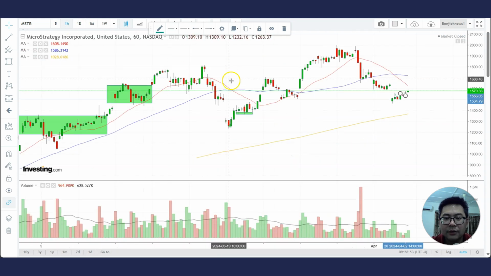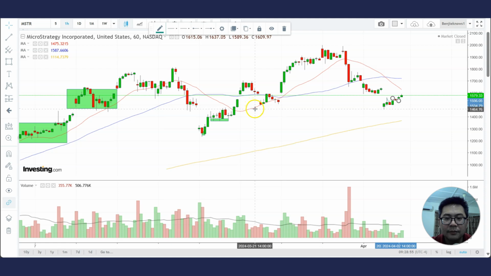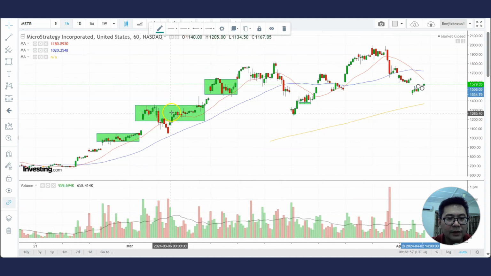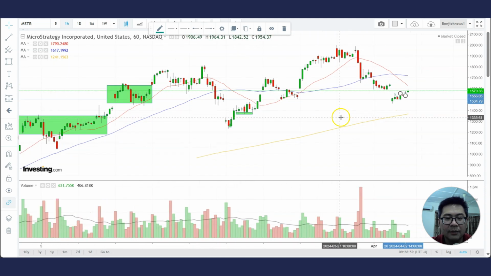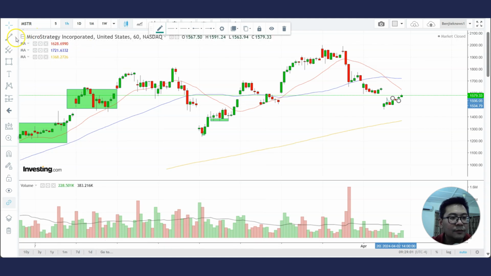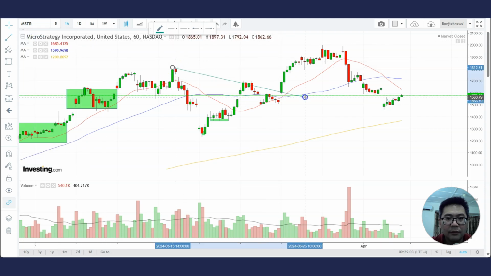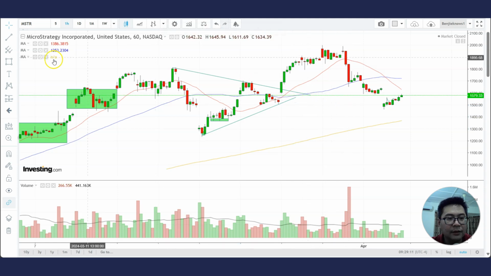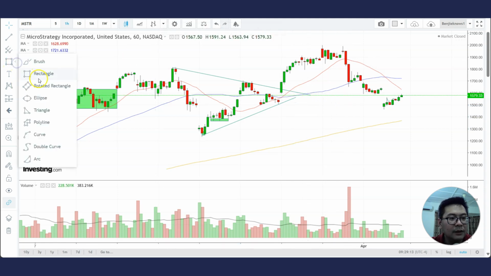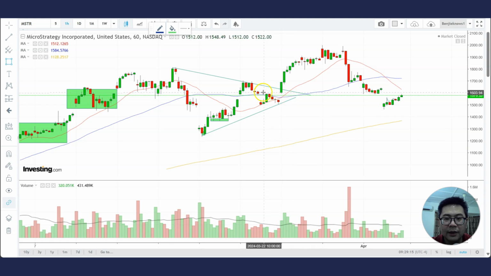Now, let's take a look at the 60-minute chart. All these green areas are, in my past analysis, I mentioned about pockets of support. Now, the stock actually broke above a 60-minute triangle, and if you study triangles carefully, actually triangles can be support area.